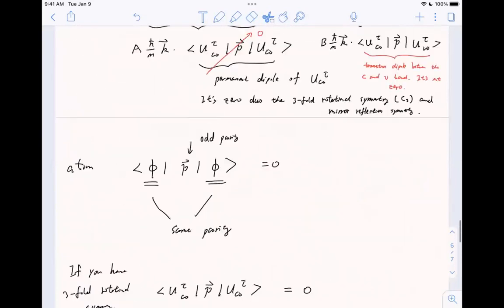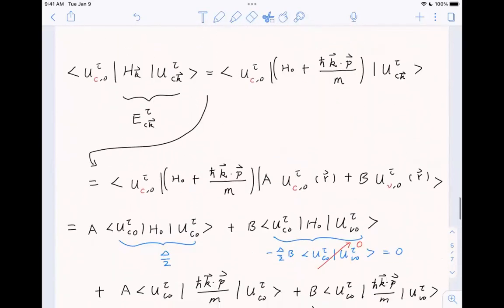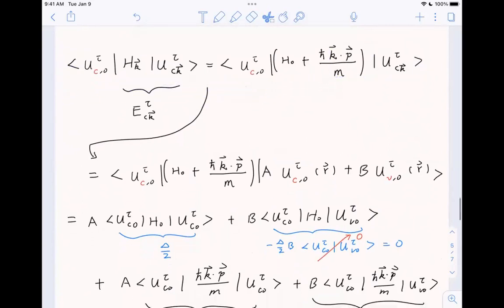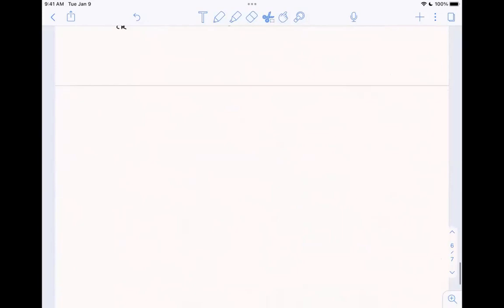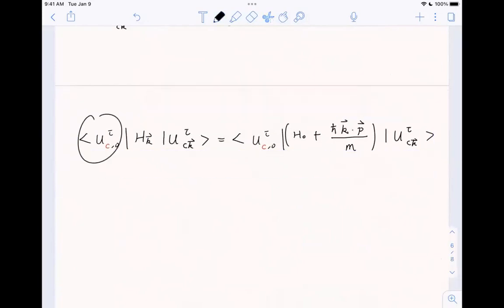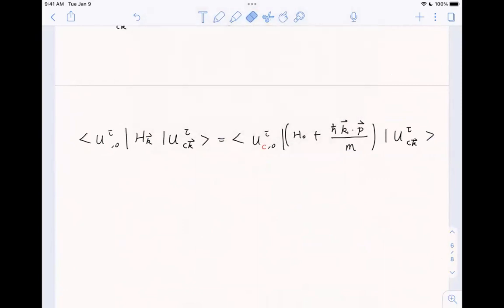Okay, it's a bit tedious, but we have to do it one more time. Now we do exactly the same thing and project into another state. This one will be faster. Because now we take the projection on conduction band, so let's do it one more time on the valence band.